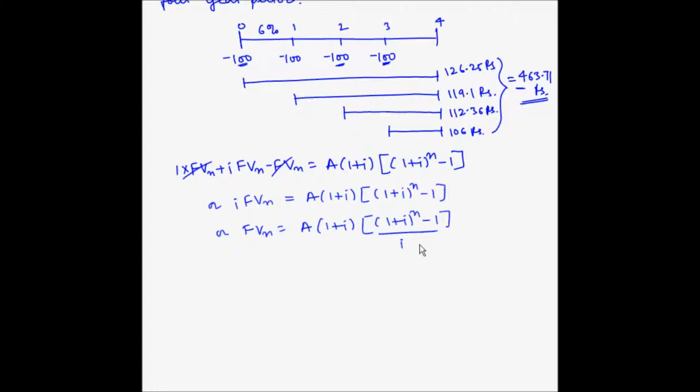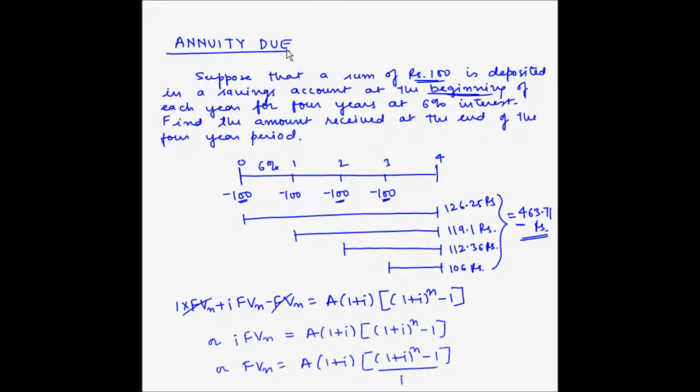So this is the formula to calculate the future value of an annuity at the end of n years in the case of annuity due.